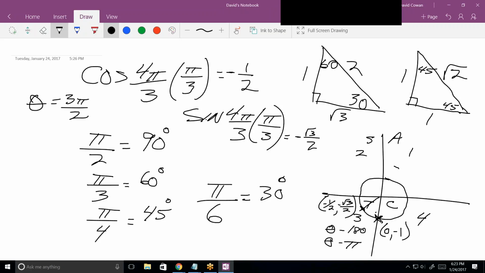But the thing that makes them so worthwhile is you now can look at these coordinates and know, what is the cosine of 270? 0. What's the sine of 270? -1. Correct.